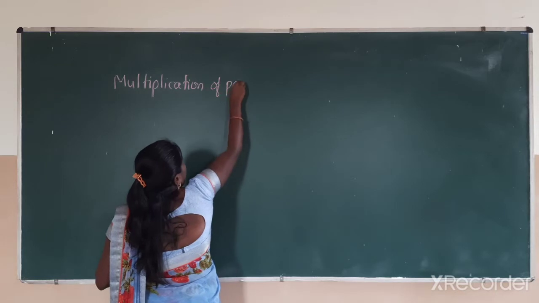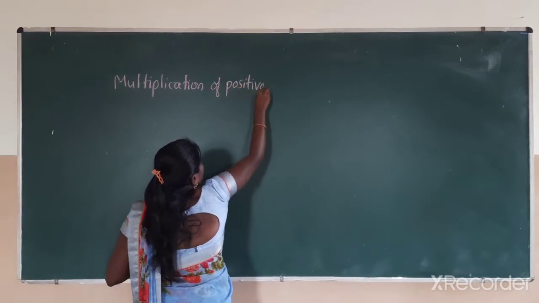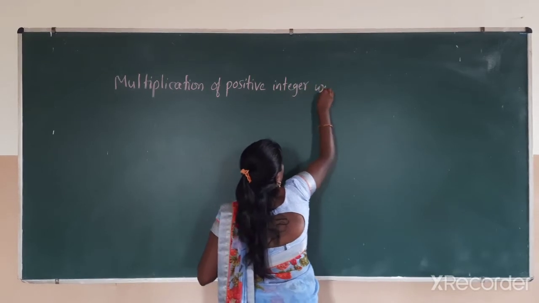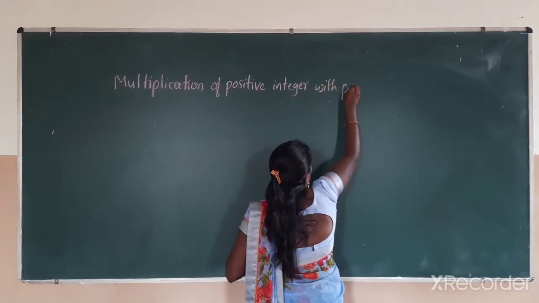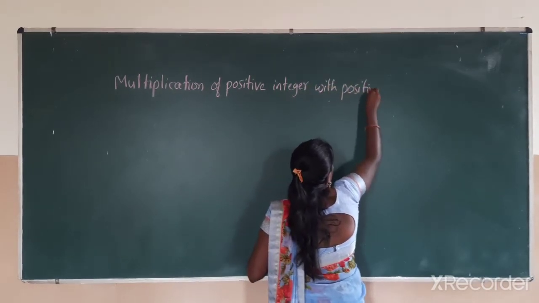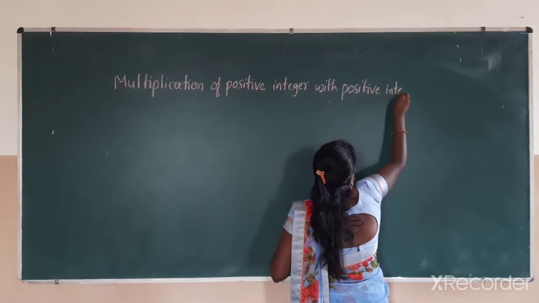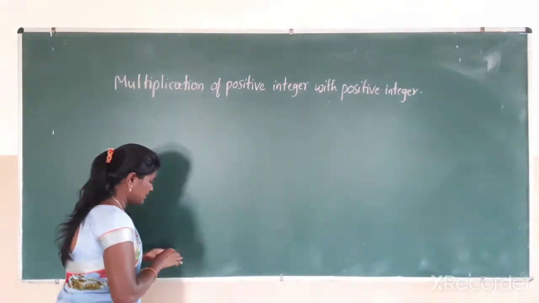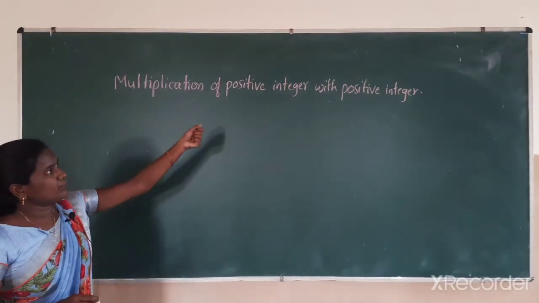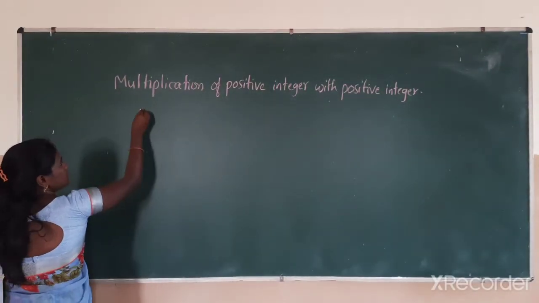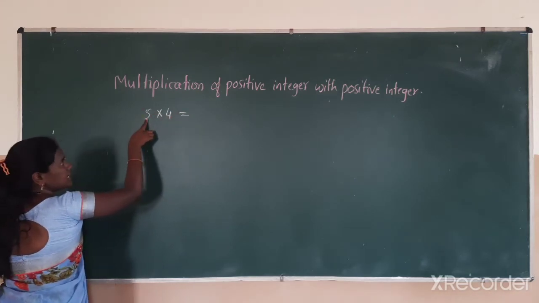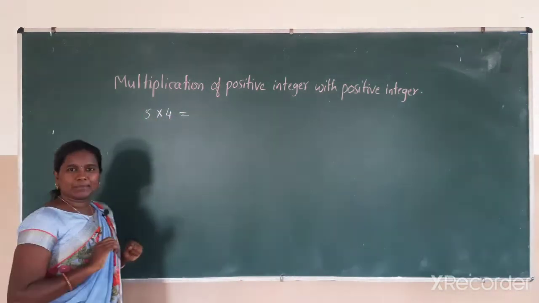Multiplication of positive integer with positive integer. We have learned all these, but still let us take some examples. Multiplication of a positive integer with a positive integer. If you take 5 with 4, 5 is a positive integer and 4 is again a positive integer.